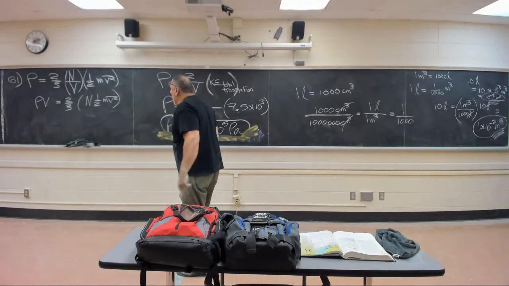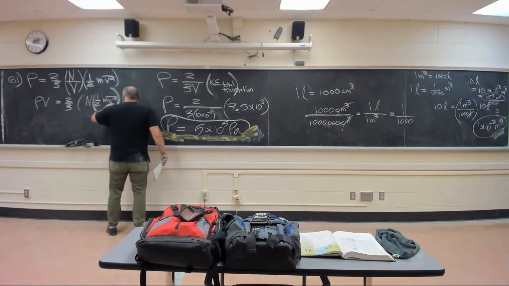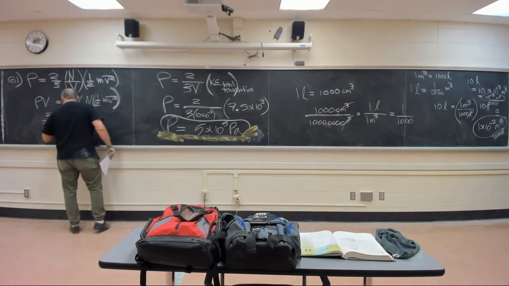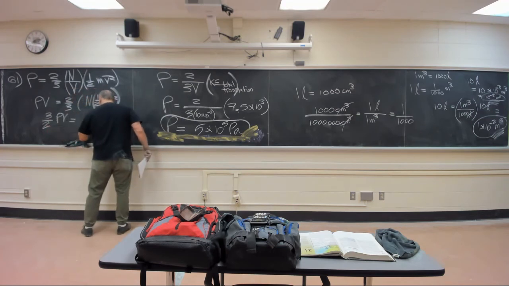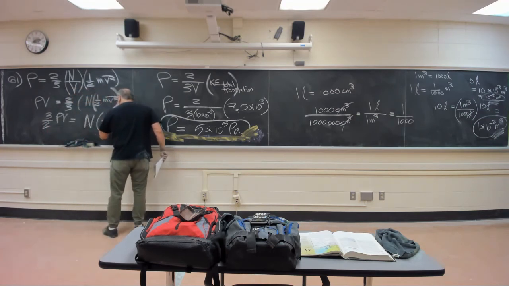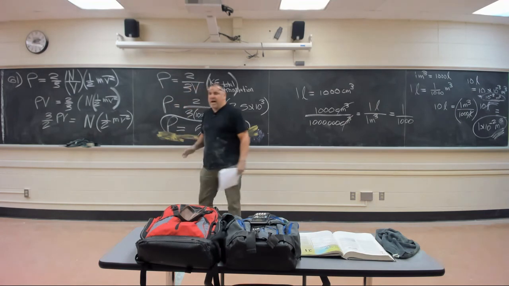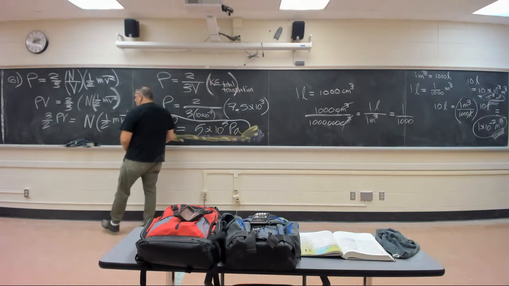Okay. So that's pretty fascinating. If you multiply by 3 halves on each side, yeah, this is where it goes. For a monatomic gas, you've got this right here.